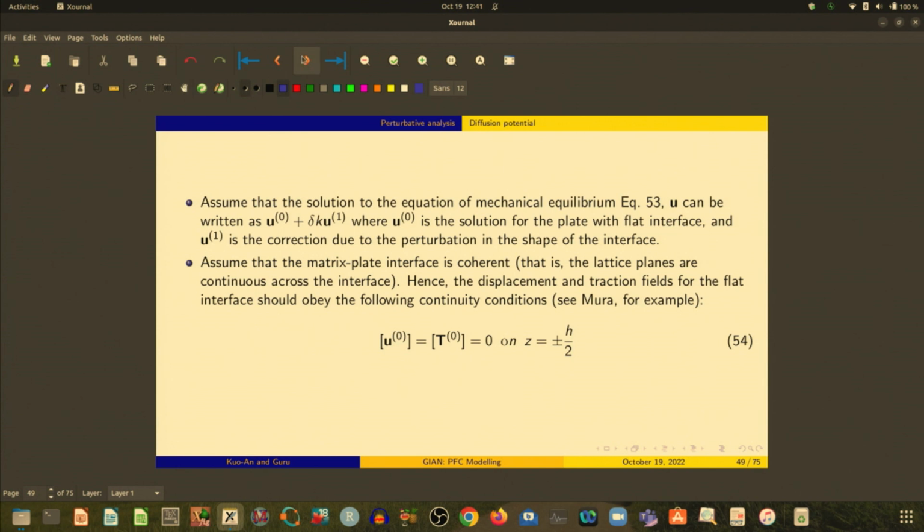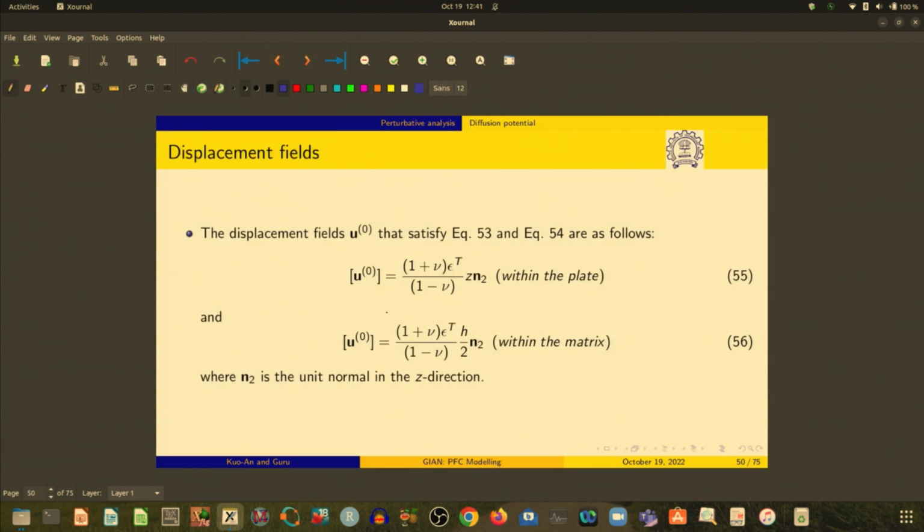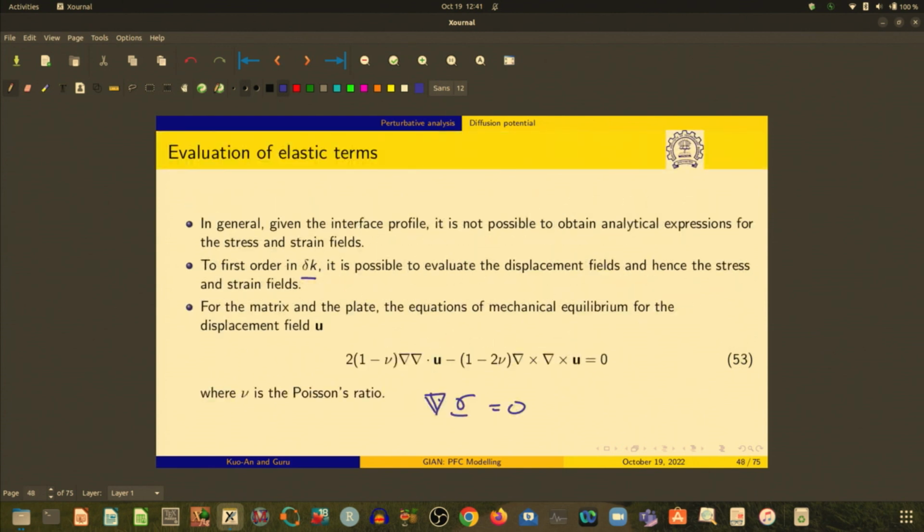You can see Mura, for example, and they should also obey these expressions, okay. u0, that is in the plate and in the matrix, how it should be when you have the flat interface, you know. So, from the solution of this equation you can show that u0 should be like that, that is for a flat interface.